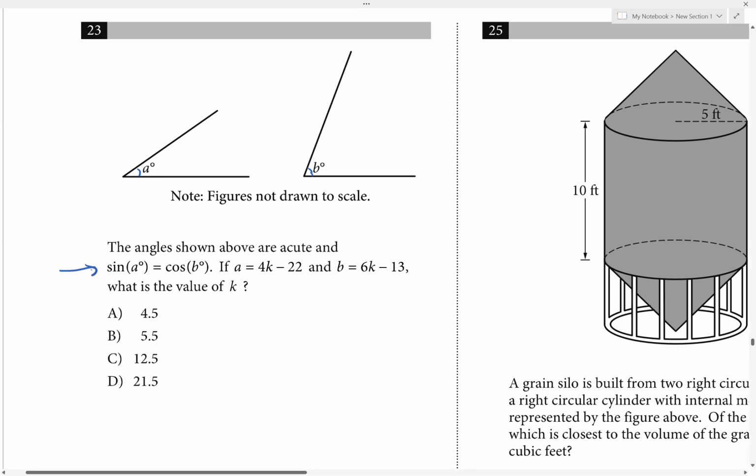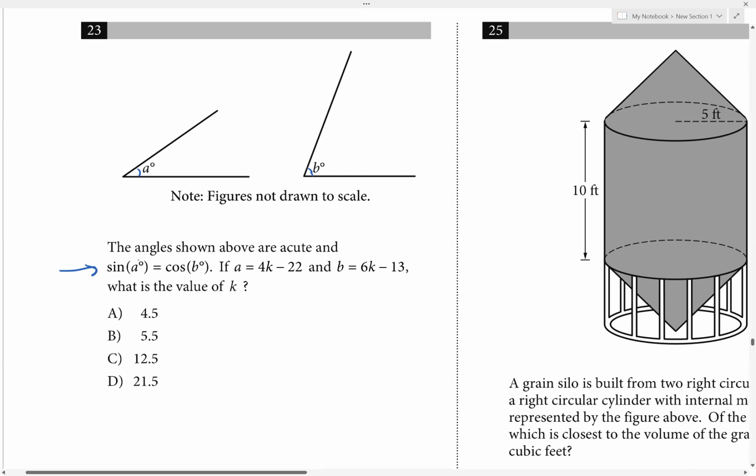It says sine of A is equal to cosine B. Okay, so this is something we have to keep in mind. If you have two angles, sine of one angle equal to cosine of the other angle, then these two angles are always complementary.